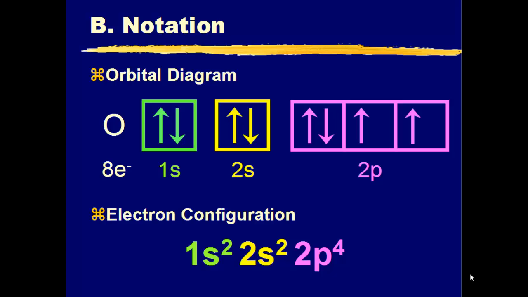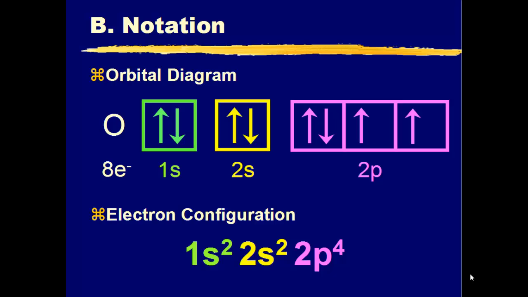Okay, now let's look at all the different types of notation that we have for telling how electrons are inside the cloud for an element. Here's the orbital diagram for oxygen, as well as its electron configuration. Now oxygen is in box number 8 on the periodic table, so it has a total of 8 electrons.